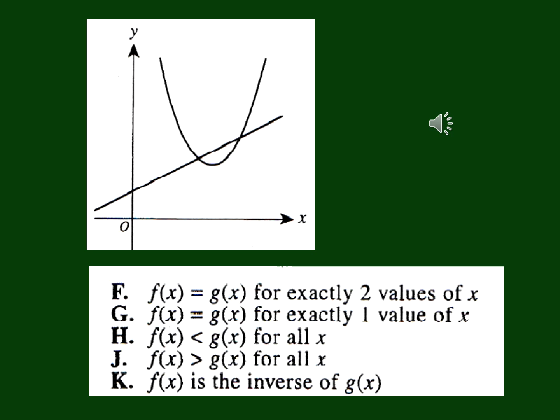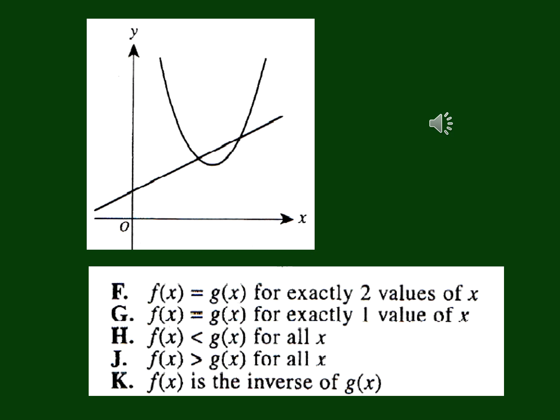If they intersected at one place, then the parabola would just touch the line and bounce back off of it without cutting through. Greater than and less than would mean one graph would be entirely above or below the other for the entire distance, which would mean they don't intersect at all.